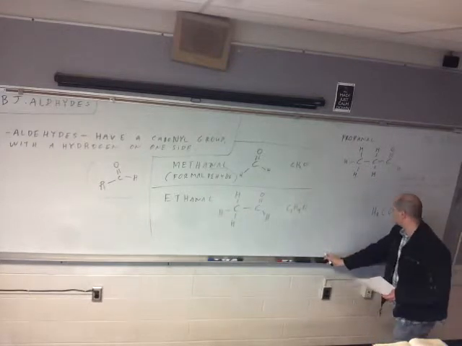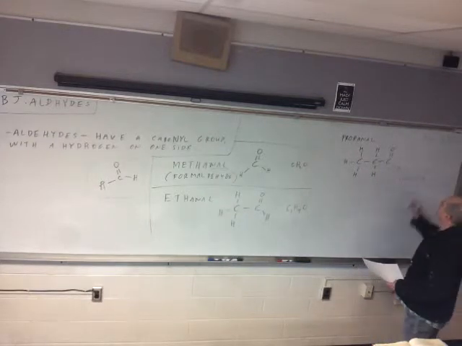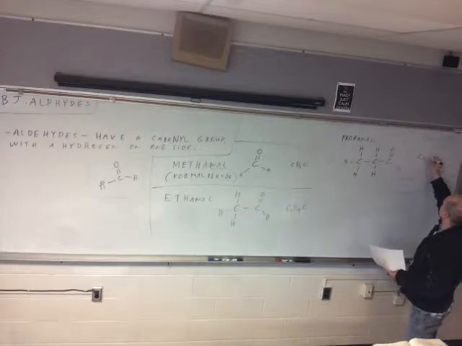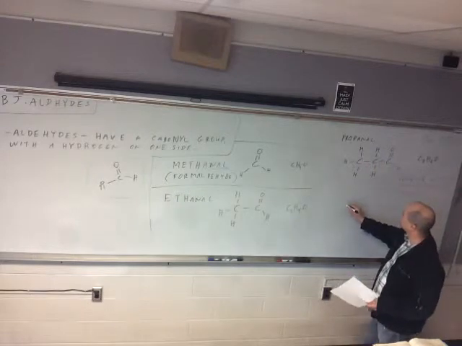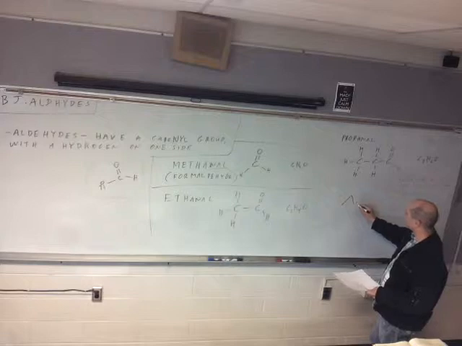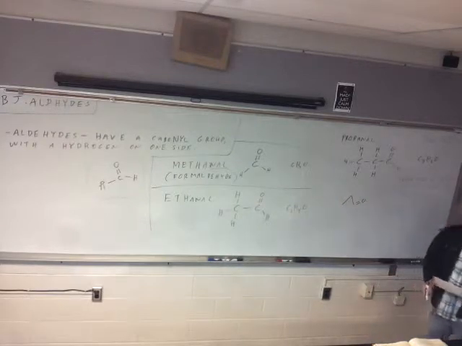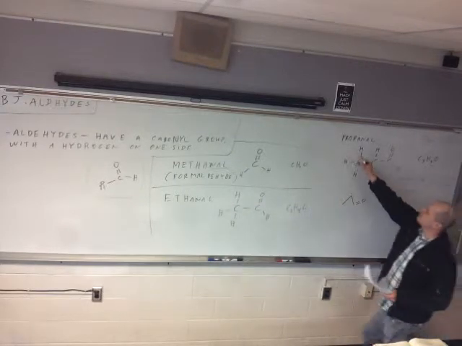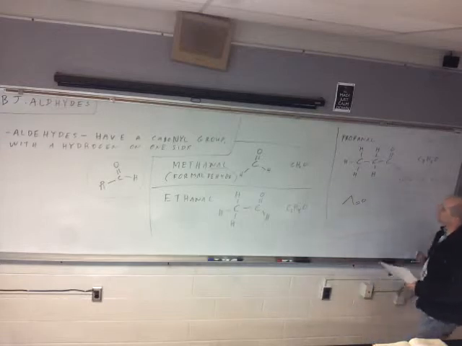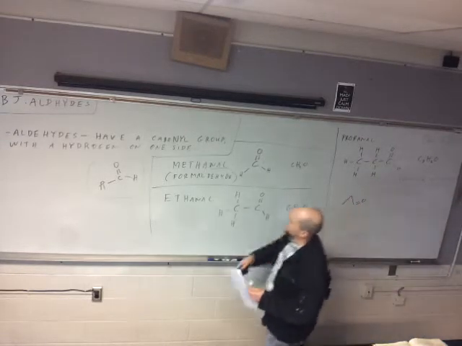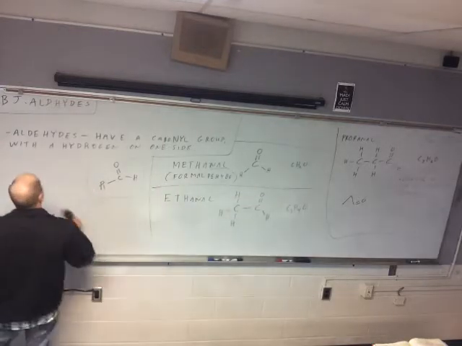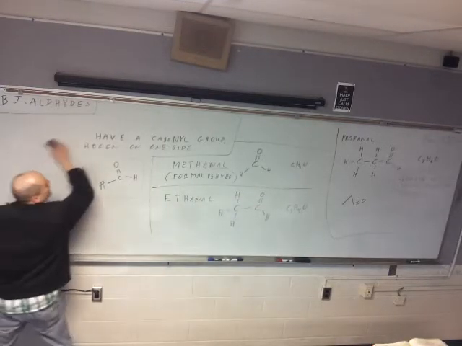Alright, and this one, C3H6O. If we wanted to draw it the new way, we could do this: 1, 2, 3, there's propane, and then just put the oxygen on with a double bond. Same thing, old way and new way. I'll do one more both ways, and the rest I'll do the new way only.